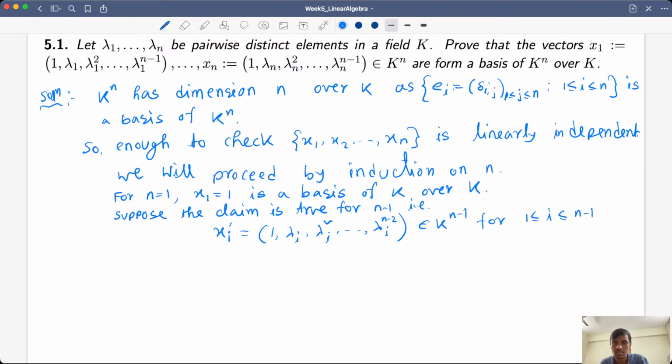Linear independence is enough for us, and that will give the basis. So these are linearly independent.